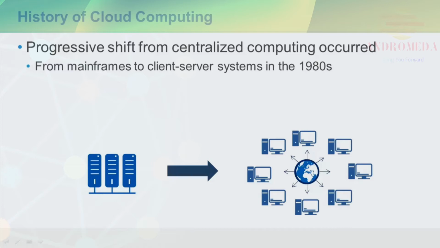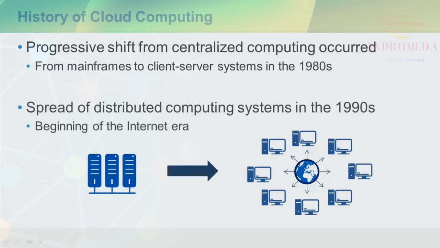But we could run the programs that we wanted to run on our desktop computers. So applications no longer ran on the mainframe. We were able to install software on our own desktop computers, so we no longer had a dumb terminal. Our systems were able to do the processing to handle the workload of running that application. It was simply the data that we needed to access that resided on the servers. So that's the standard client-server model, and of course that was very widespread throughout the 80s and into the 90s.